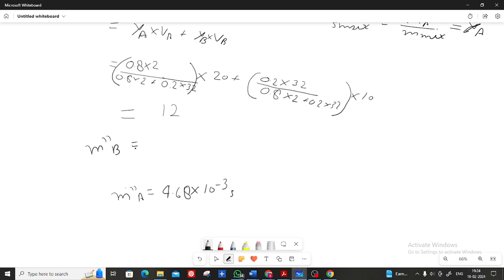And what about the mass flux of B? You were saying something about how to calculate it. DAB into dYA by dx equals DBA into dYB by dx. Say it slowly so that I can write it. Now you are saying DAB into dYA by dx. In this case, it is dz.